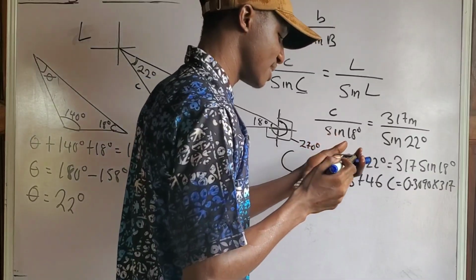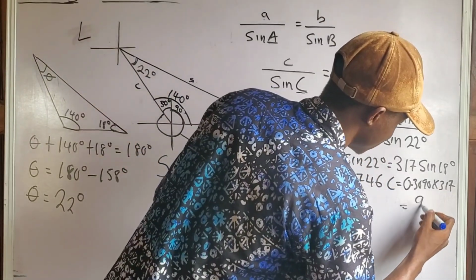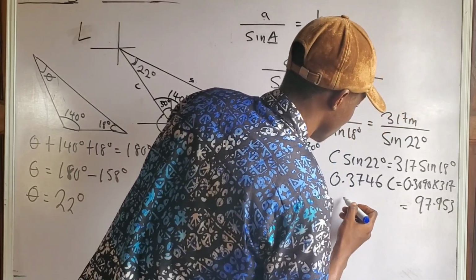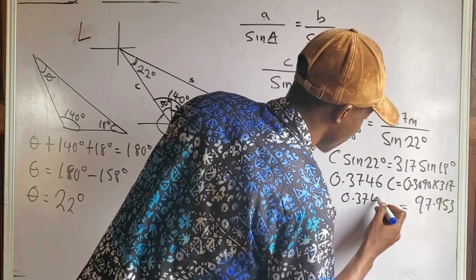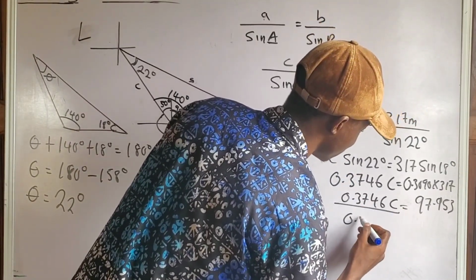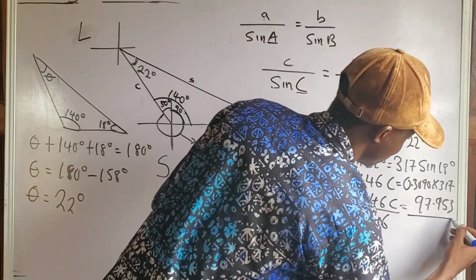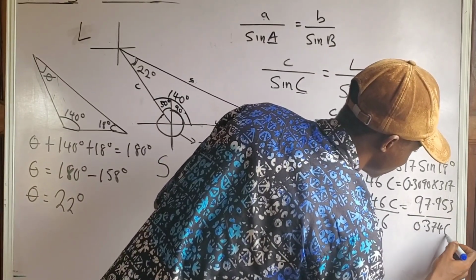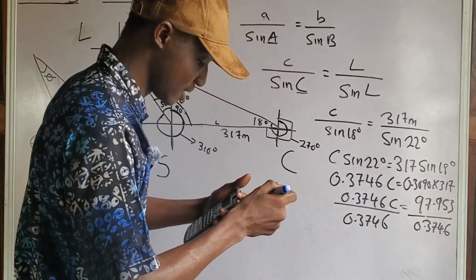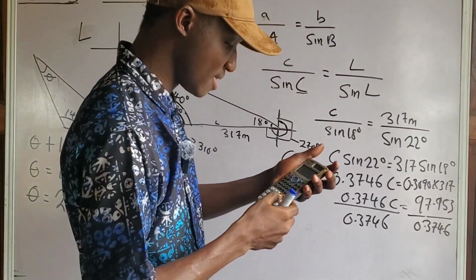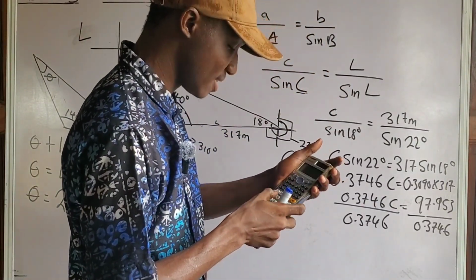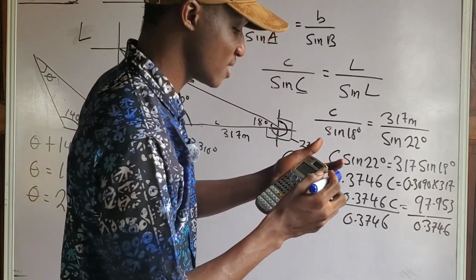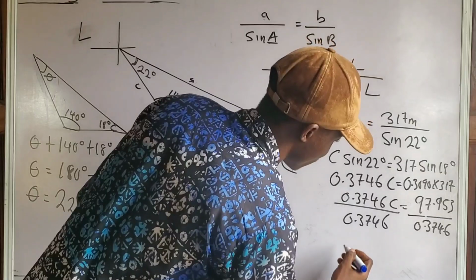That is 97.953. So 0.3746C equals 97.953, divided by 0.3746. Now 97.953 divided by 0.3746 is 261.49.